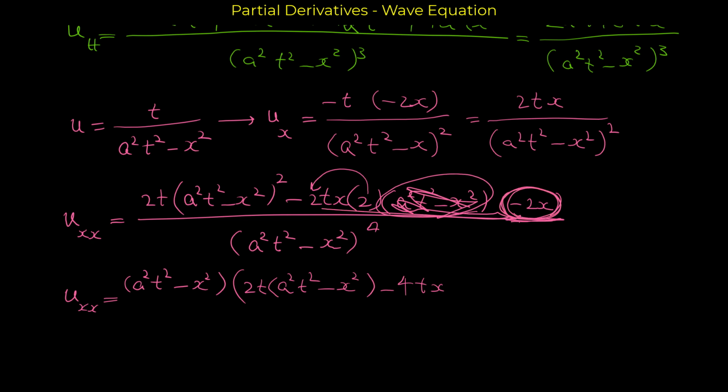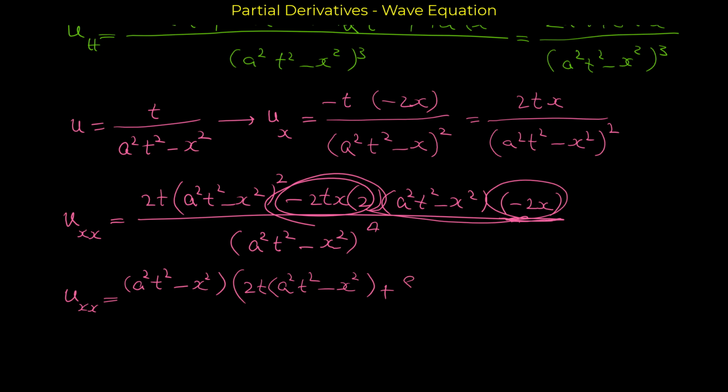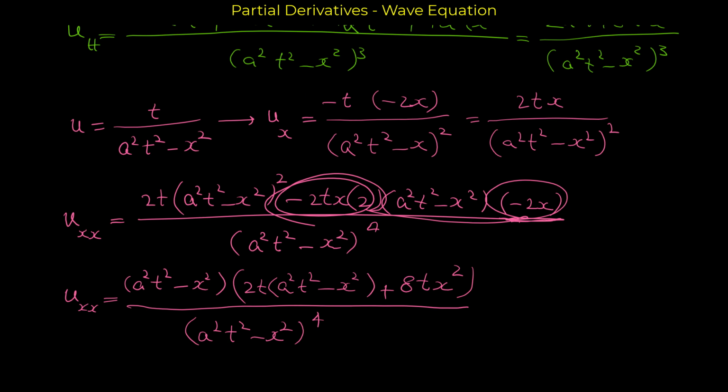If we multiply negative 2x by this, we have 8tx^2, all over (a^2t^2 minus x^2) to the 4.